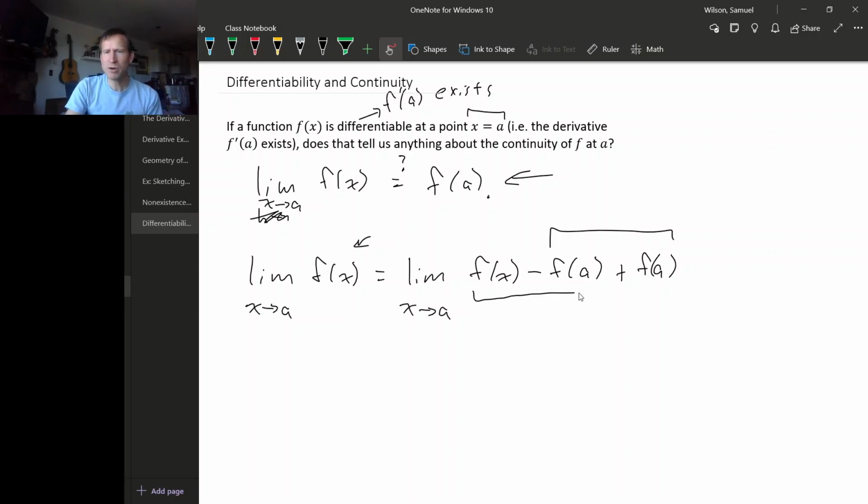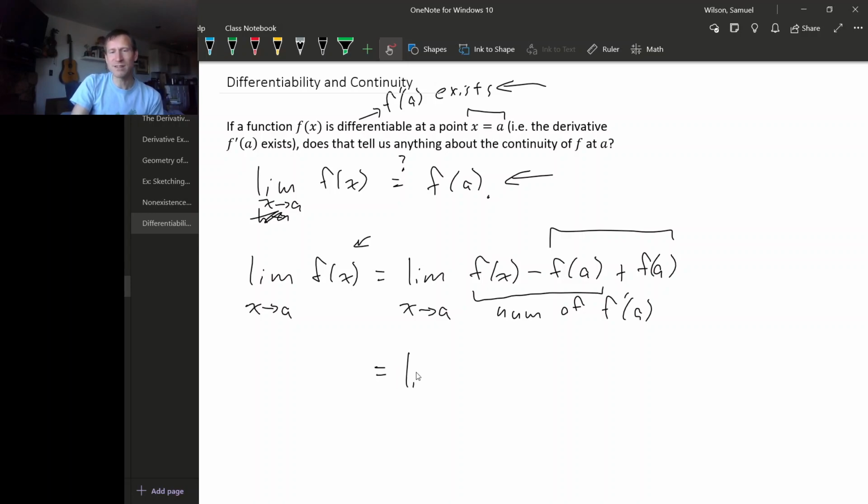Now this part right here, f of x minus f of a, looks kind of suspicious because this is exactly the numerator of f prime of a. And we know that f prime of a does exist, right? We assumed at the very beginning that f is differentiable at a. In other words, f prime of a exists. So it looks like the derivative is trying to show up here. Well, let's make it show up.